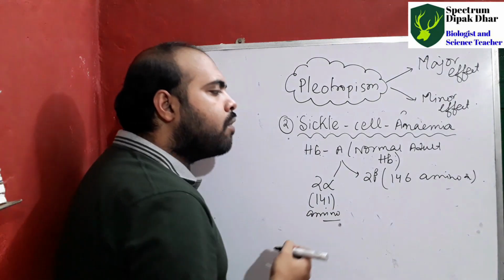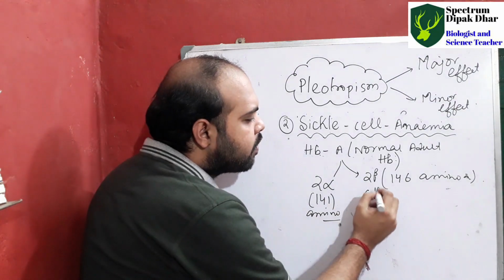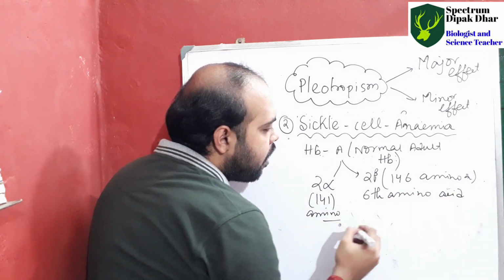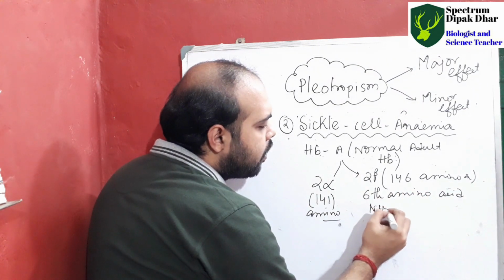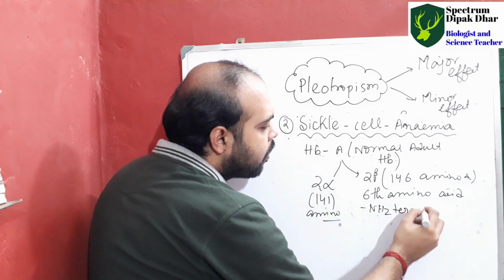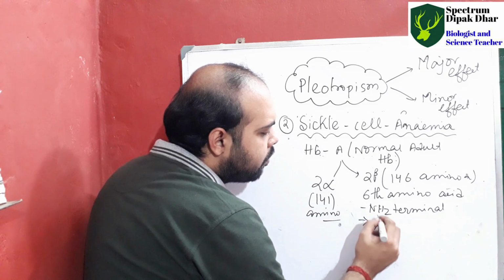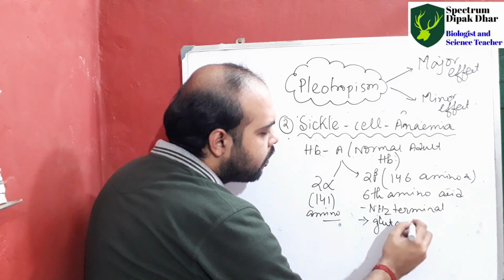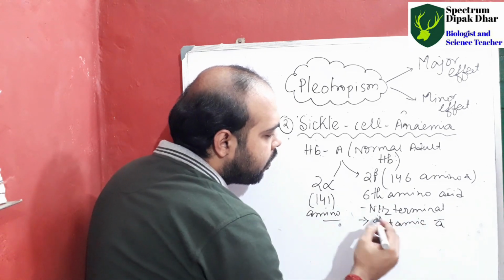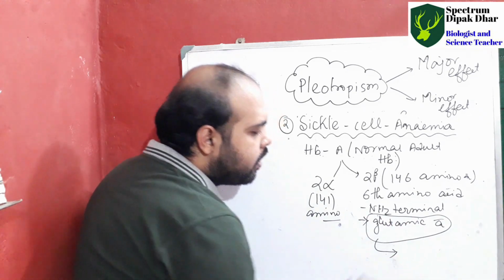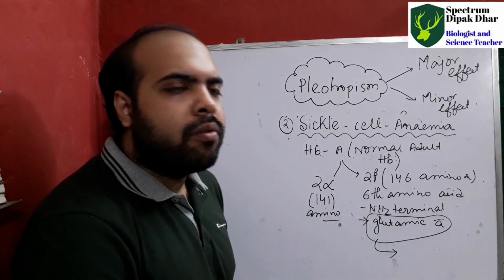Out of these 146 amino acids, the 6th amino acid from the amino terminal is glutamic acid. Now this glutamic acid is changing into valine.